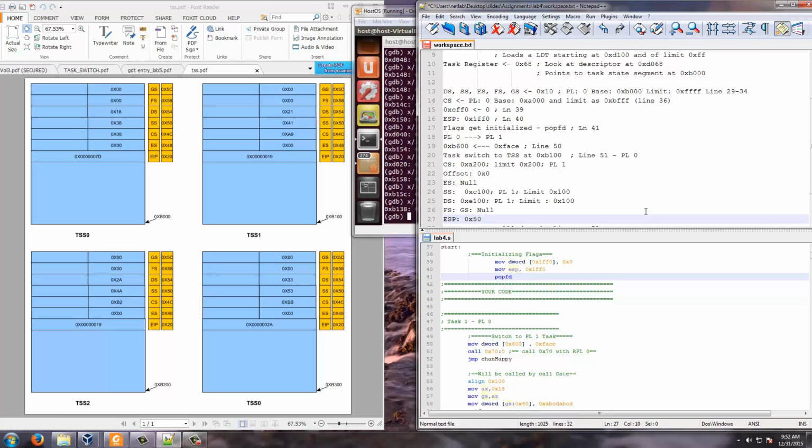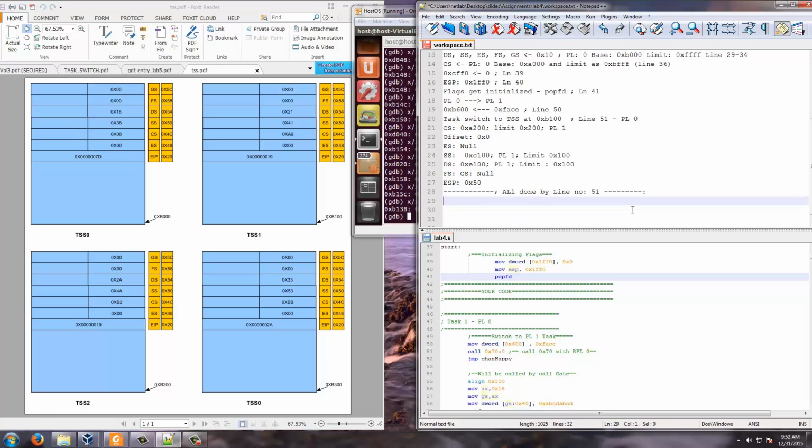So that is where it will start. Your stack segment is currently initialized to C100. So C150 is the point where the stack will start. So that is where we are done there to start with.